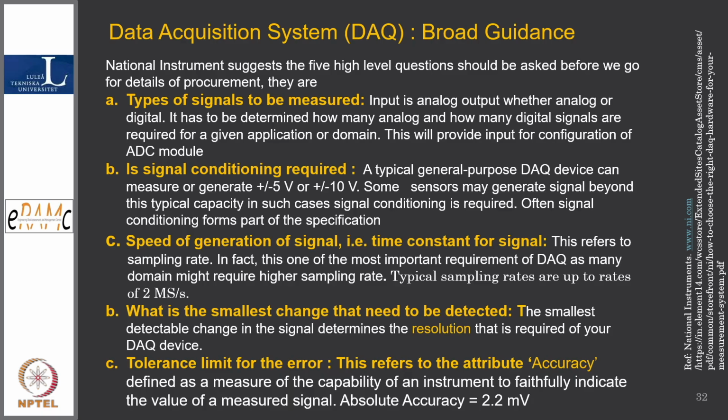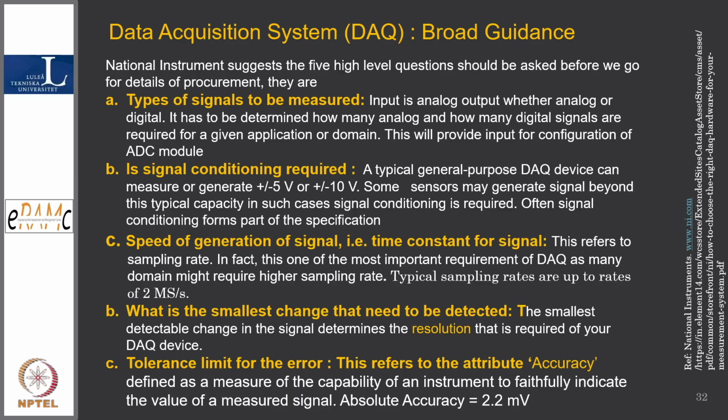They suggest that 5 high-level questions should be asked before we go for the details of procurement. This is a very important slide. If anyone is going for procurement of DAQ or sensors, they should understand this, as these are guidelines available here. First, the types of signal to be measured.